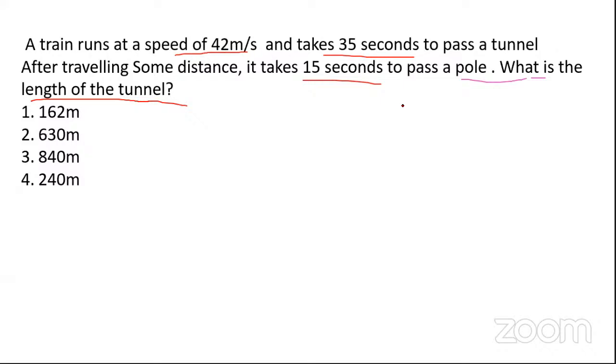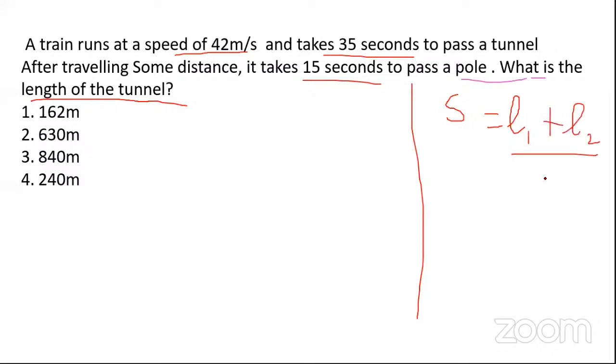See, first, a train runs at a speed given as 42 meters per second, and it takes 35 seconds to pass a tunnel. When we are moving with a train, s equals (l1 plus l2) by t.